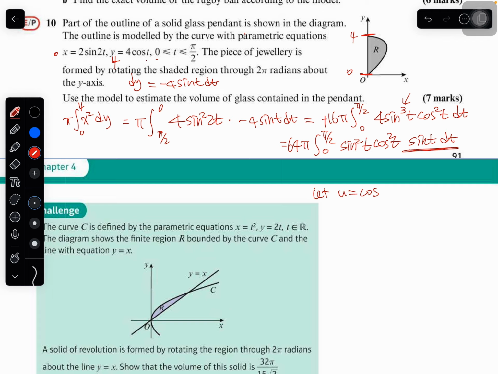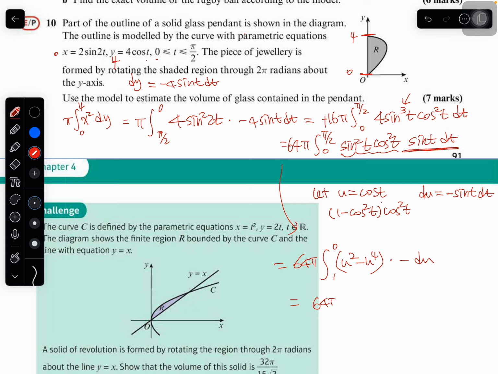Because of this, now we understand substitution: u becomes cosine t. So 64 pi integral, when t equals 0, u equals 1. When t equals pi over 2, u equals 0. And sine squared of t is 1 minus cos squared of t, so this one is u squared minus u to the power of 4. And du becomes negative sine t dt, so negative du.